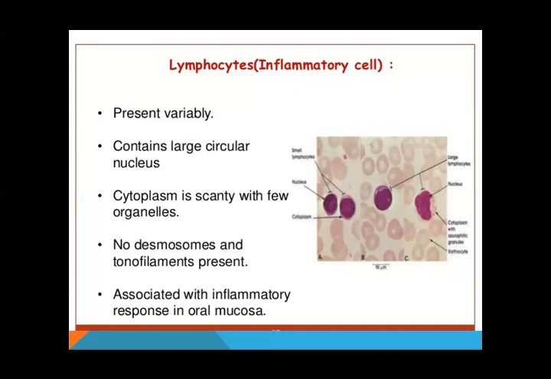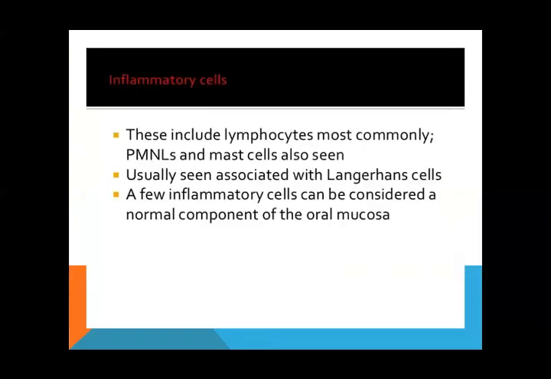They include lymphocytes most commonly. Other cells are also seen, usually associated with Langerhans cells. Inflammatory cells can be considered a normal component of the oral mucosa.